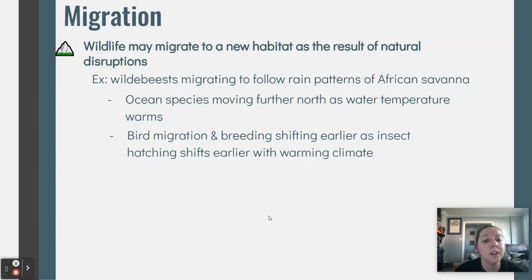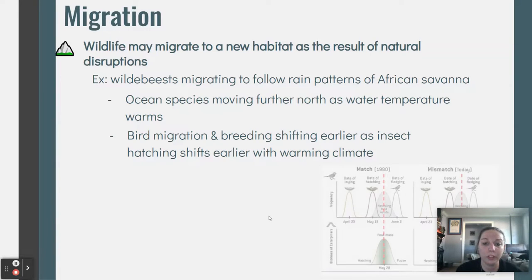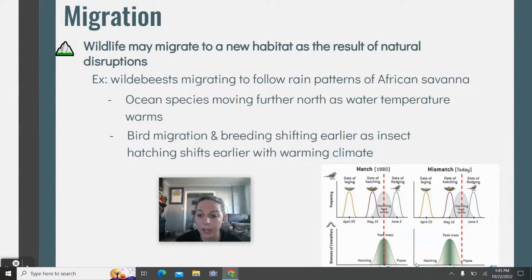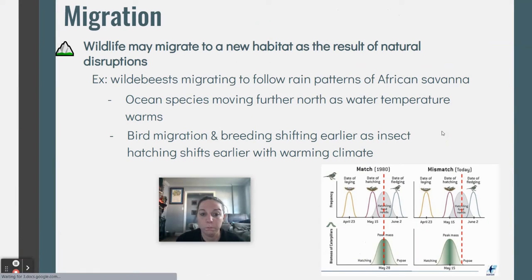So another one that we've seen happening recently is bird migration and breeding shifts. When we look at this little diagram right here, in the past, this was 1980 is what this half of the diagram is showing us. We've got our biomass of caterpillars down here, and we've got this breeding cycle of birds.